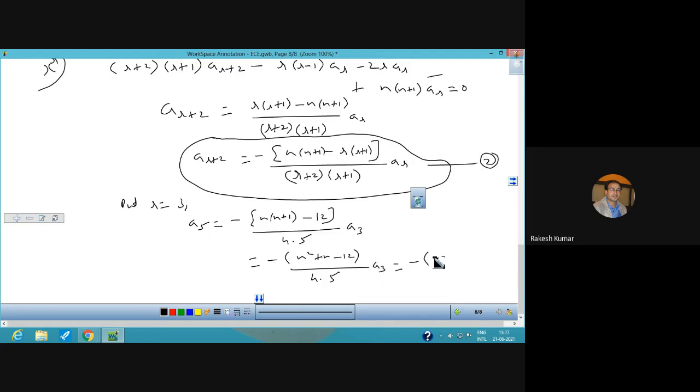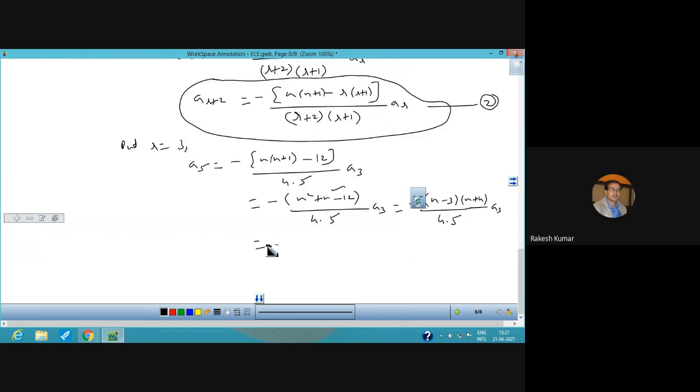You can write down the factors. Now the factors of this quadratic term are n minus 3, n plus 4, 4 into 5, a3. Now these are the factors. Now you can put the value of a3 here.